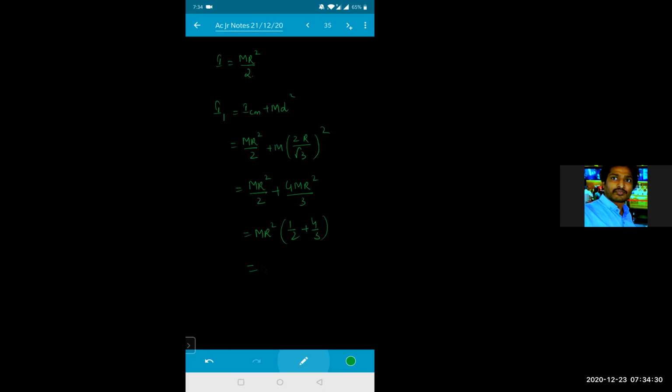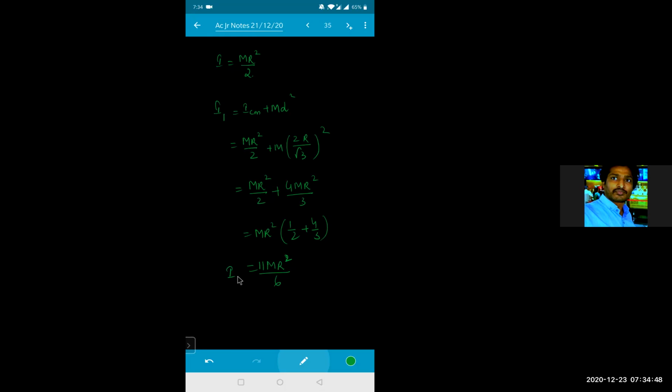The LCM is 6, so we get 3 plus 8, that is 11 by 6. So it is 11 m r square divided by 6.